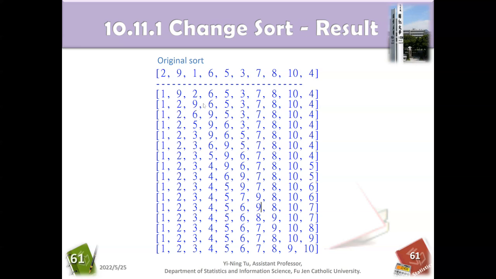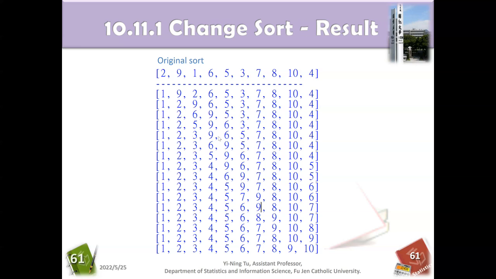Because 6 is smaller than 9, they exchange. Then 6 is smaller than 5, so exchange again. Then 5 is smaller than 3, so 3 becomes this position and continues. Then nobody is smaller than 3, so the 3 is fixed.